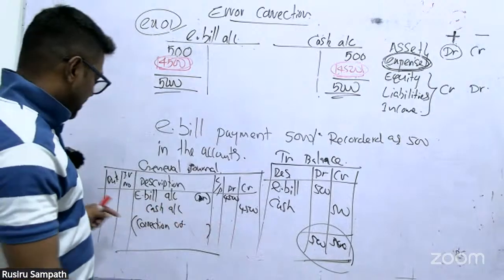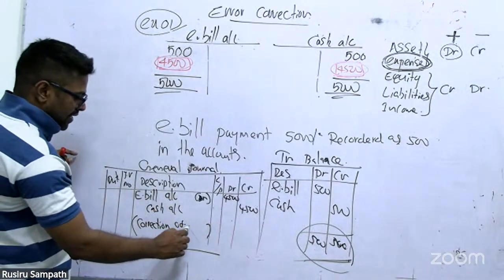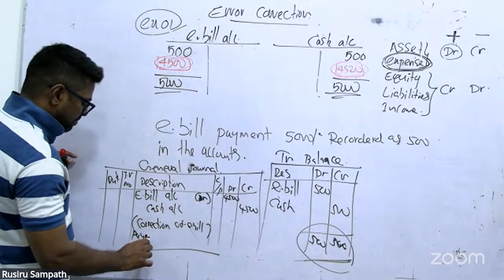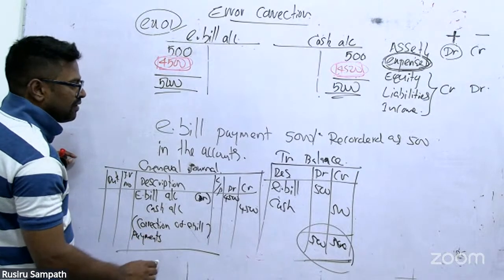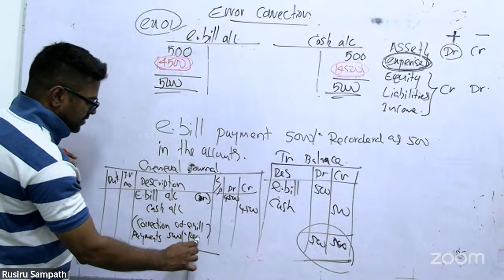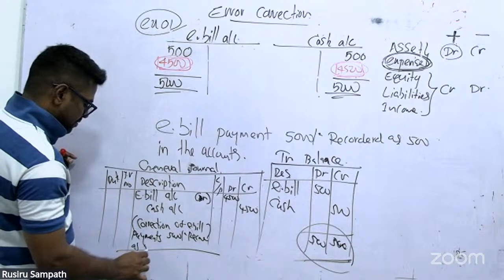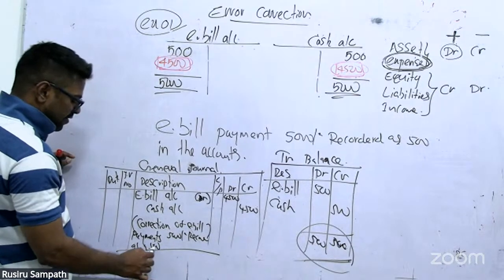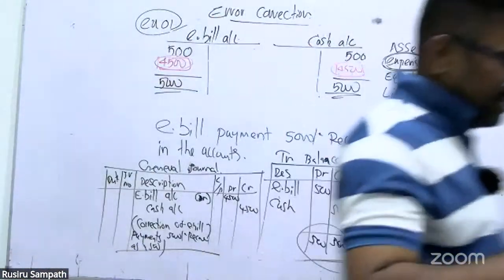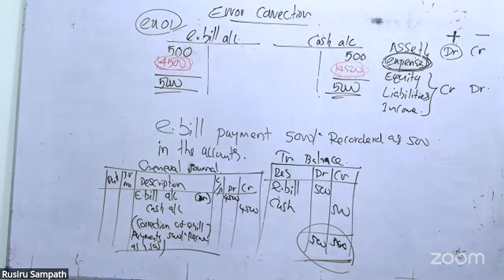What are the narrations? Correction of e-bill payments, e-bill payments 5,000 rupees recorded as 500 rupees. That is the narration.